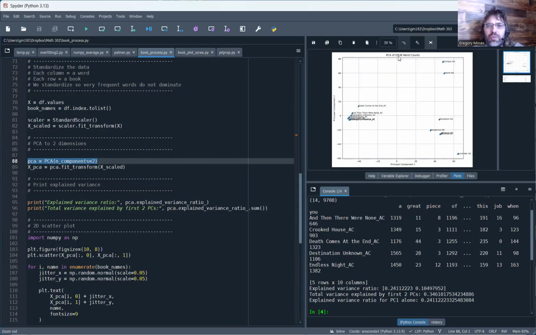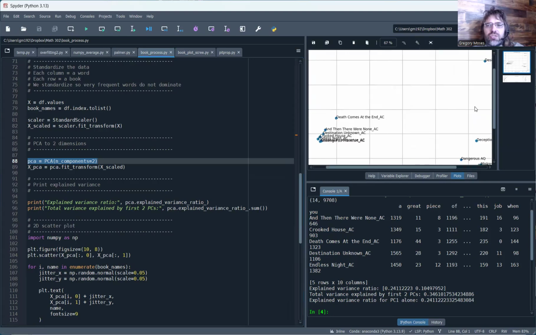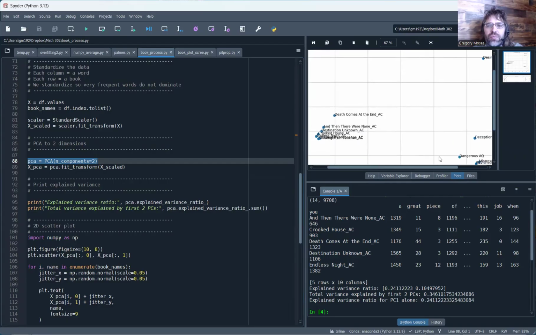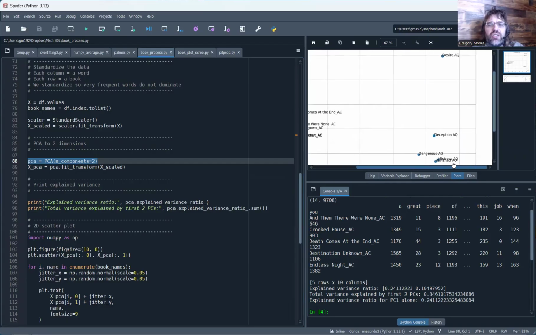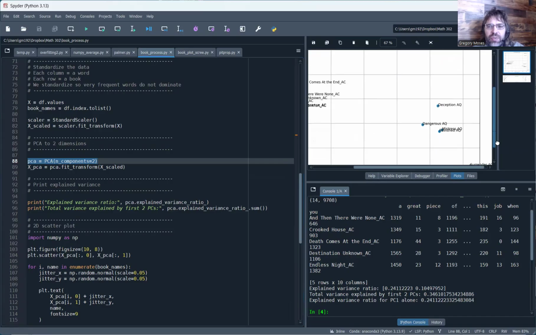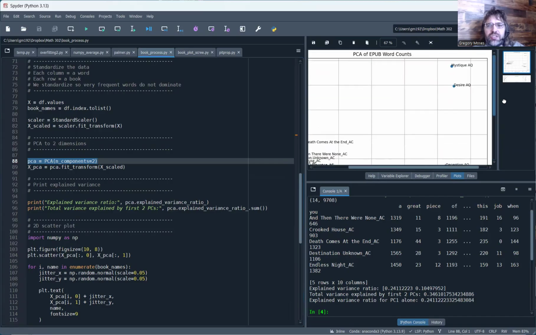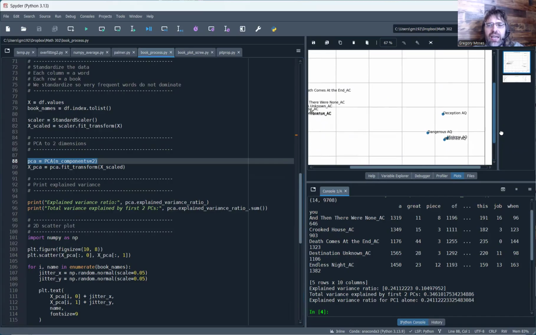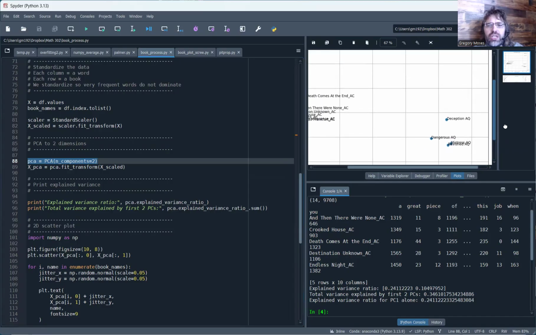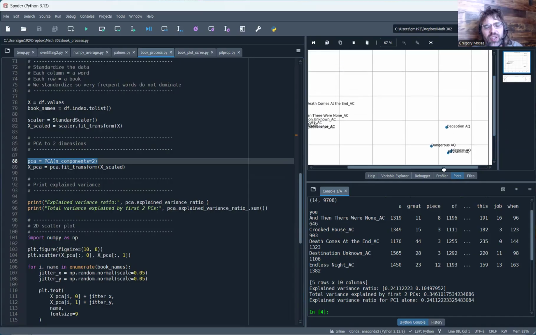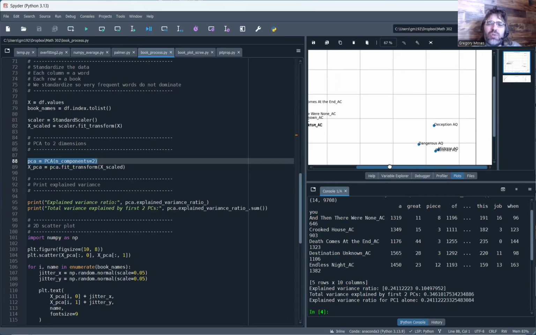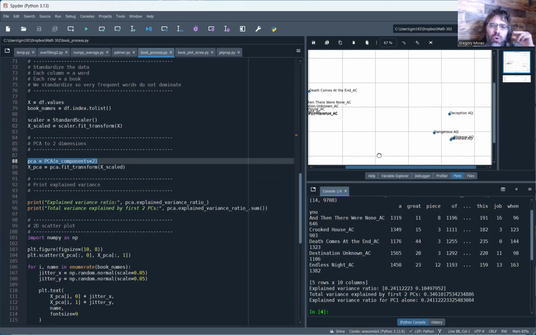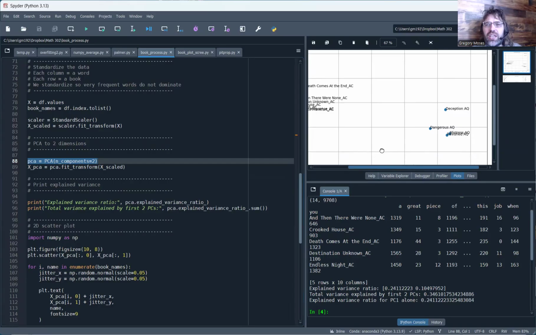Here is the projection onto 2 dimensions, the first and second principal components. And we see differences. And these differences don't necessarily have a single clear explanation, because again, the components don't have a single clear explanation.